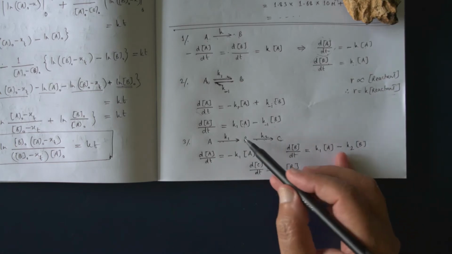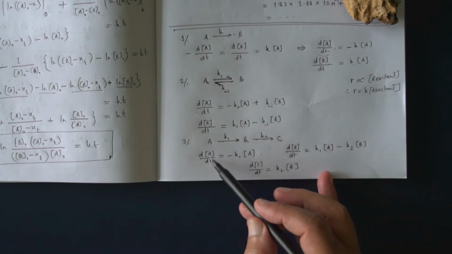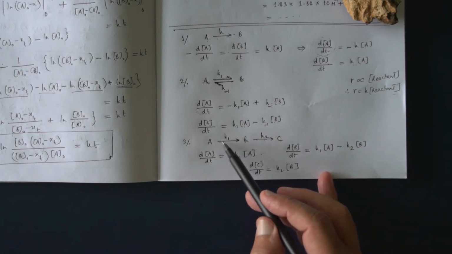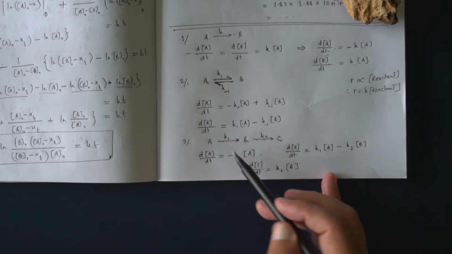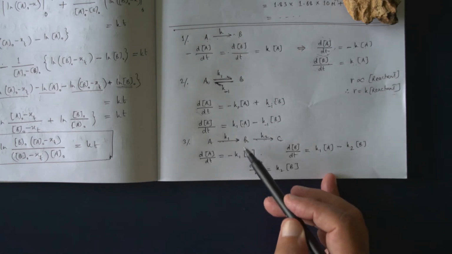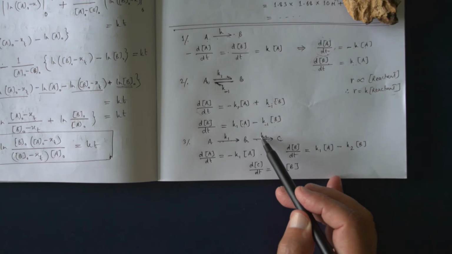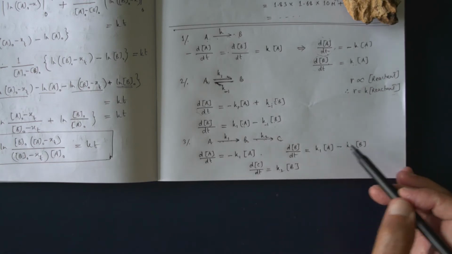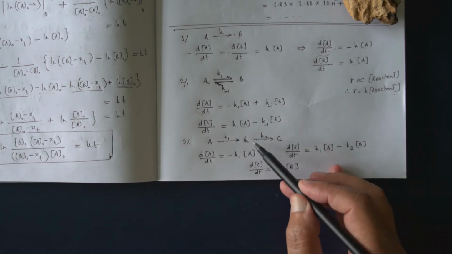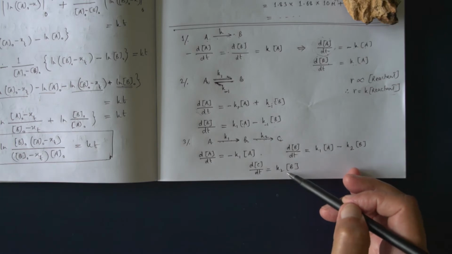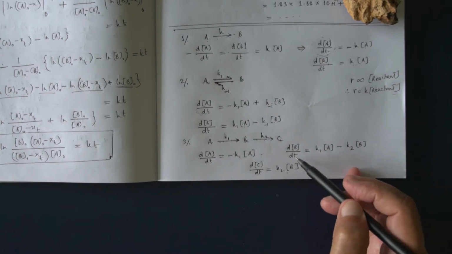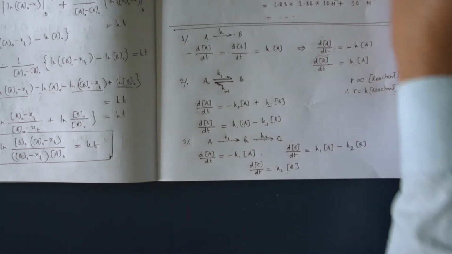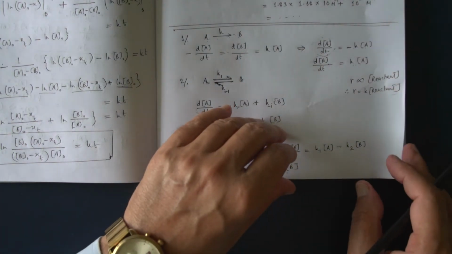So for this reaction, there is only one reaction with A, so one term. There are two reactions with B, so two terms. Again with C only one reaction, so one term. Okay, this is how we write. Let us see one more example.